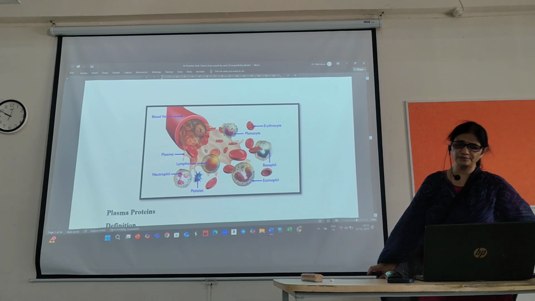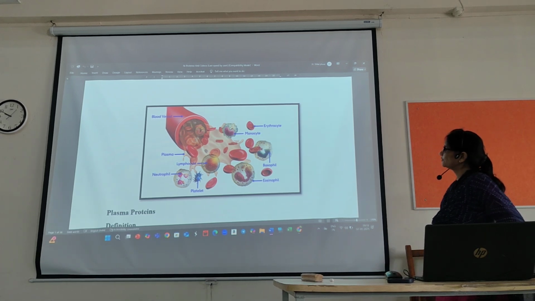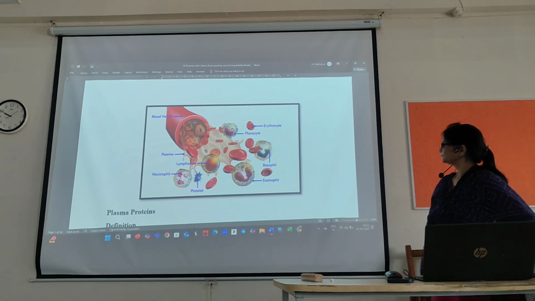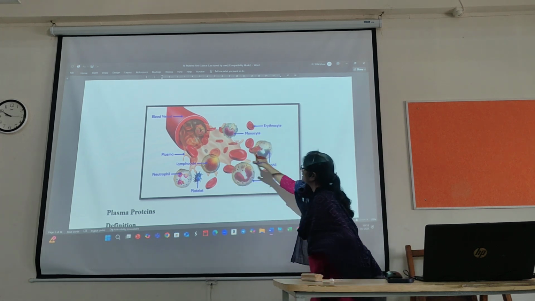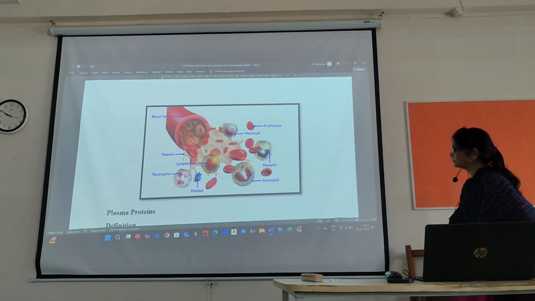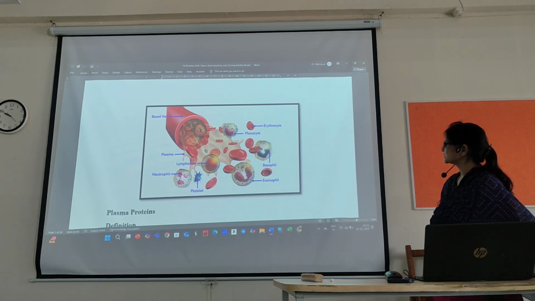This is the blood vessel, and different types of components are there. Cells are there. This is the plasma, this part is the fluid. So many different types of cells are there, the leukocytes and platelets.